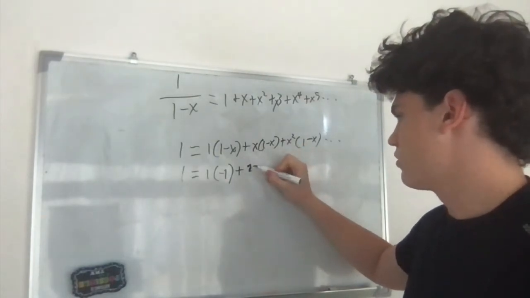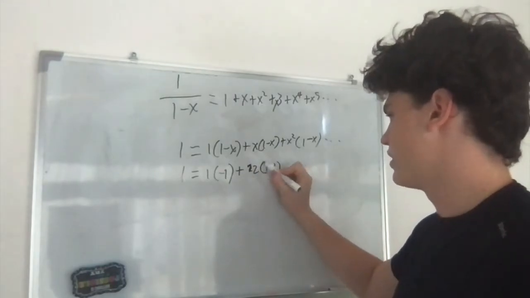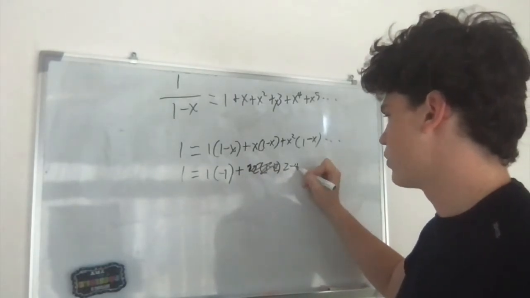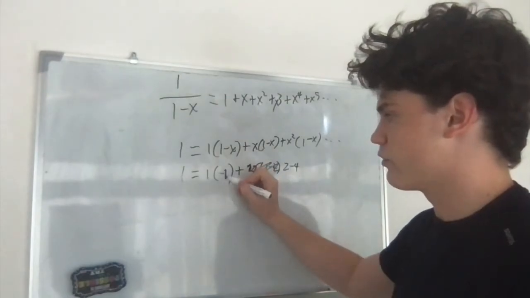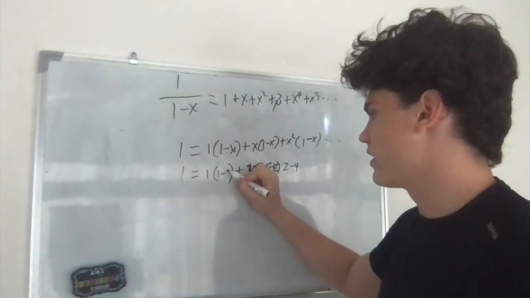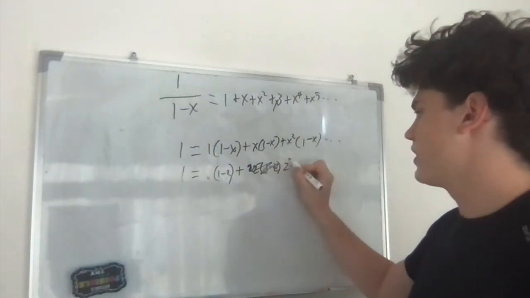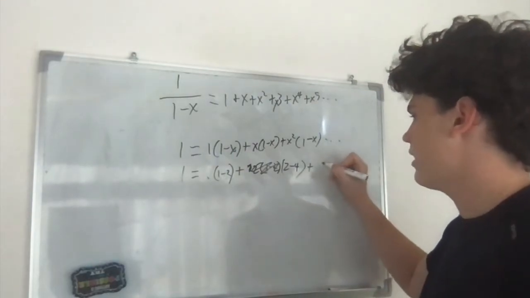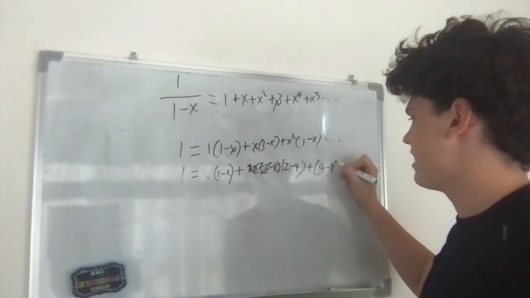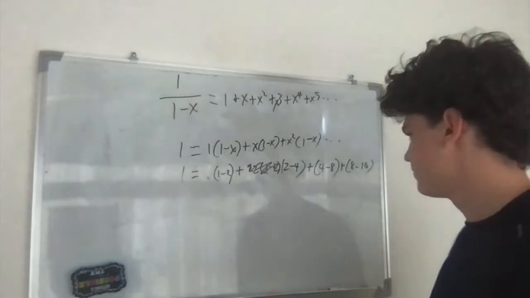It would be 2 times 1 minus 2, so that would be 2 minus 4. Let's write this instead of negative 1, let's instead write it as 1 minus 2. That'll make it a lot simpler further down. So we have 2 minus 4 there. Then that would be 4 minus 8 right there. Then it would be 8 minus 16 here.